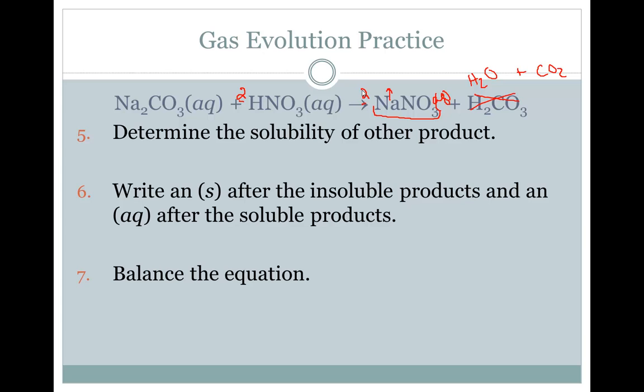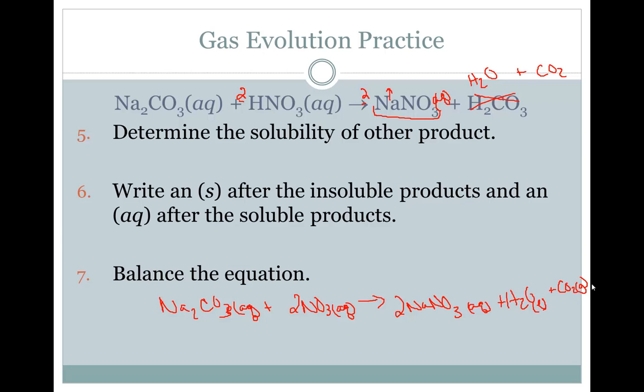So the actual balanced equation will then be Na2CO3 aqueous plus 2HNO3 aqueous yields 2NaNO3 aqueous plus H2O liquid plus CO2 gas.